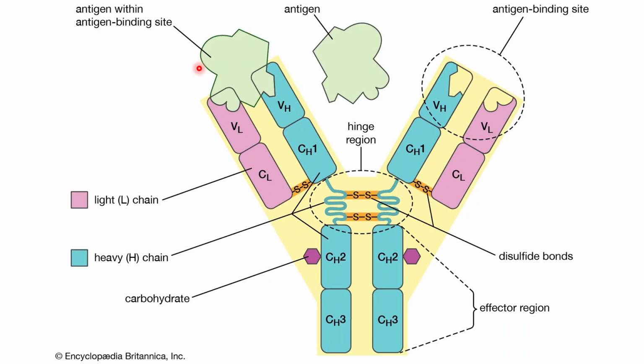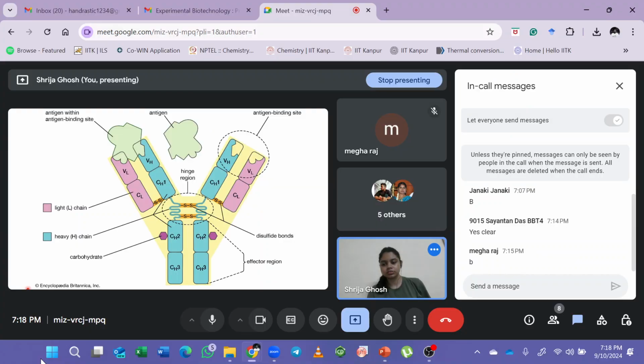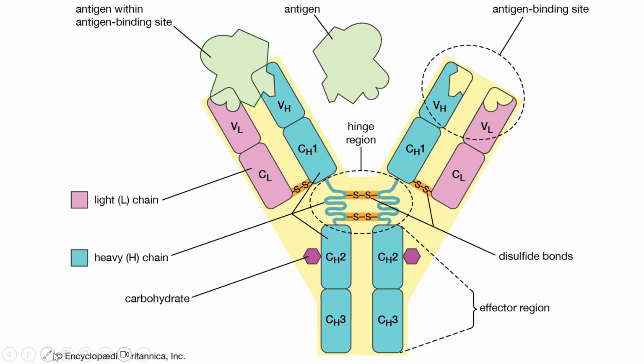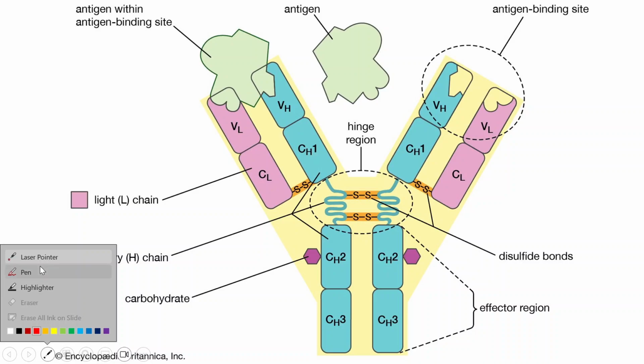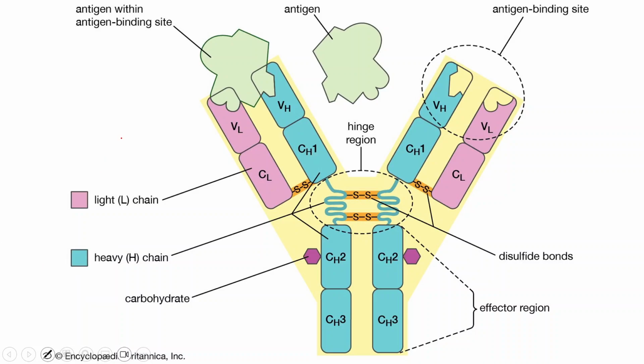Okay, so for simplified purposes, if you are ever drawing a diagram, like if you are making a process in which you have to show an antibody, we generally draw the antibody like this, Y shaped.